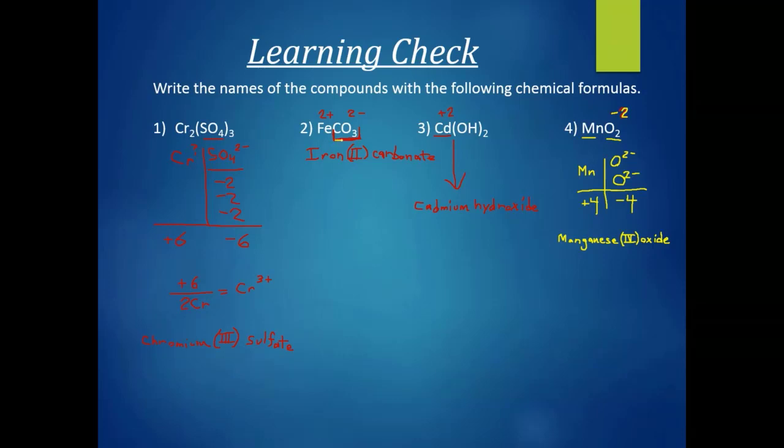Whenever you have 3, notice you have 3 different elements here, iron, carbon, and oxygen. Whenever you have 3 or more elements, that means you almost certainly have a polyatomic ion. And if you have a polyatomic ion, you have to treat it as a charged molecule. So that CO3 is a charged molecule. It's not separate.